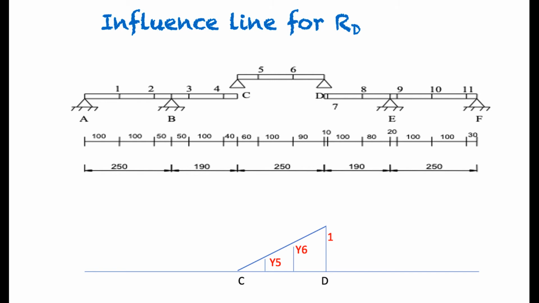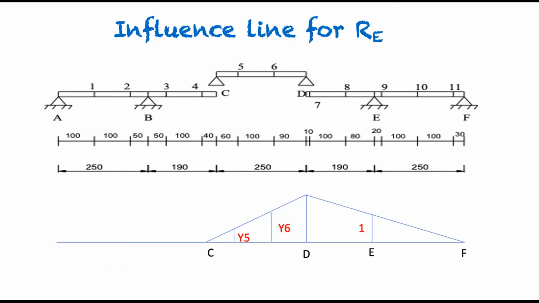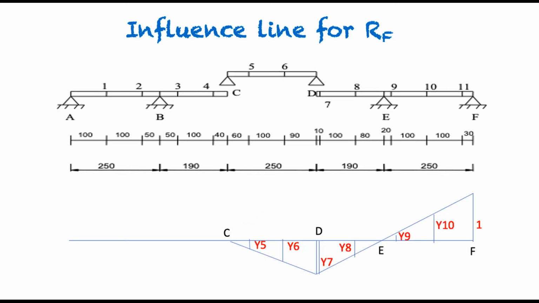We put 1 unit load at D, so the shape is similar to RC. The influence line of RE is similar to the influence line of RB, while the influence line of RF is equal to the influence line of RE.